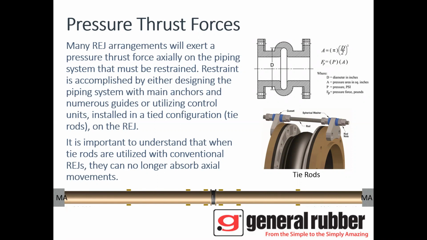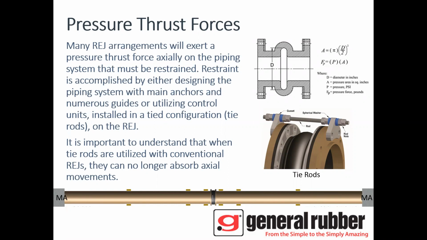Pressure thrust force is not something that can be absorbed by the expansion joint and must be restrained either by system main anchors or by control units. So while it's a primary source of pipe stress, it cannot be simply absorbed into the expansion joint.